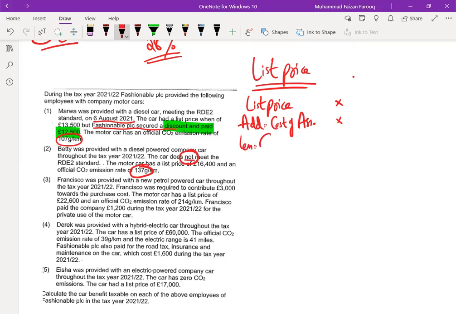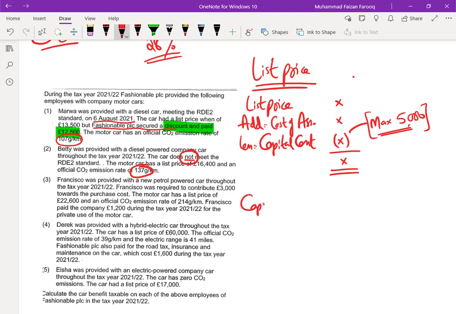And there will be something called capital contribution. It will also be given. What is capital contribution? Capital contribution is when the employee pays some money or contributes some amount at the time of purchase of a car. Some students make it very complicated between these two.